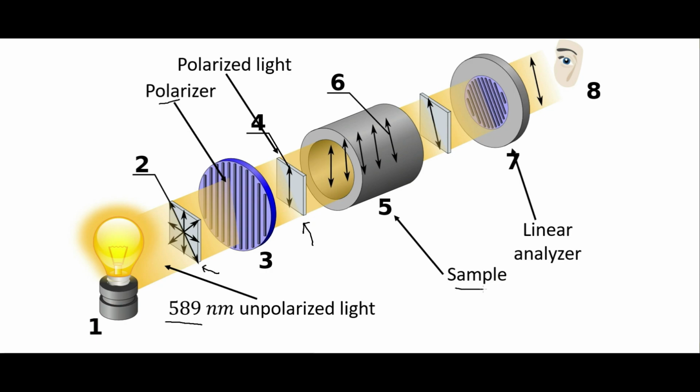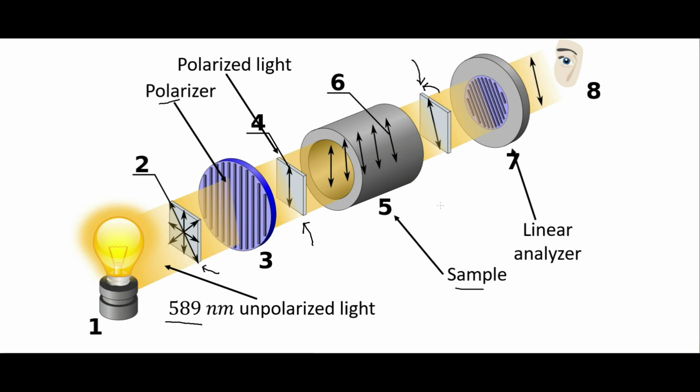Then we have our sample here, and that light will pass through the sample, and based on the excess of one enantiomer or another, it will cause the polarization to rotate. So this has rotated in that direction.